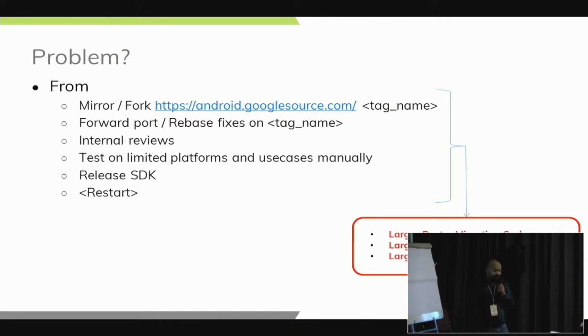So what's the problem with this? A larger pastry migration cycle. I have clearly seen people spend many months, sometimes more than 6 months, just doing a pastry migration. There is also large effort when we have to introduce new platforms, even if they are the same platform variant, or completely new platforms, even though there is code reuse, because the code has not been written in a way that is well suited for upstreaming.